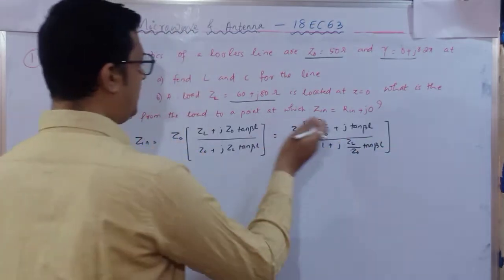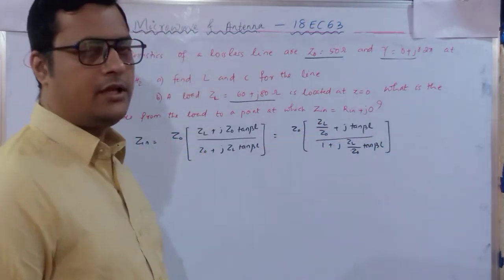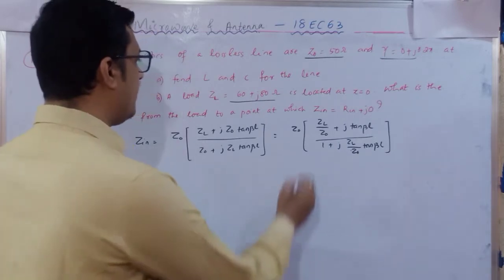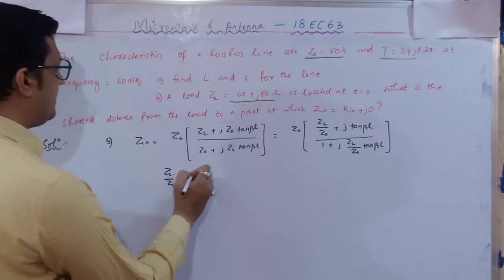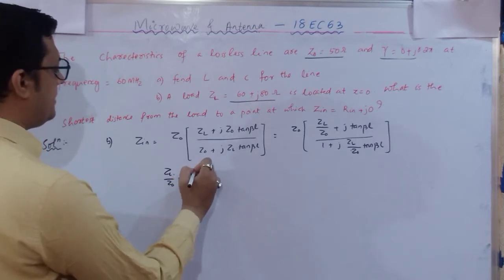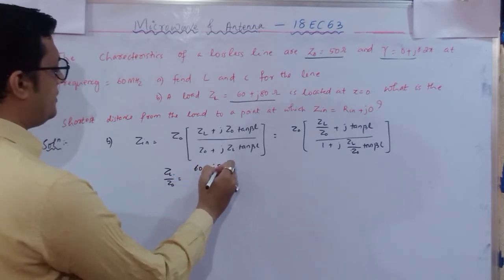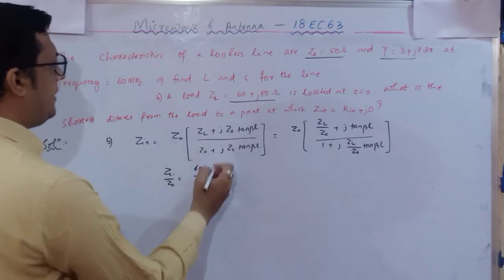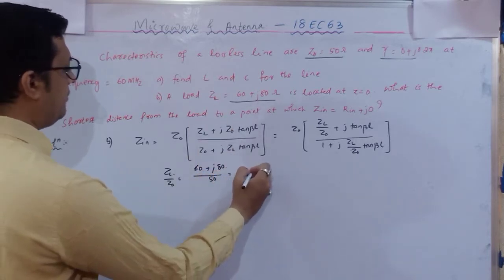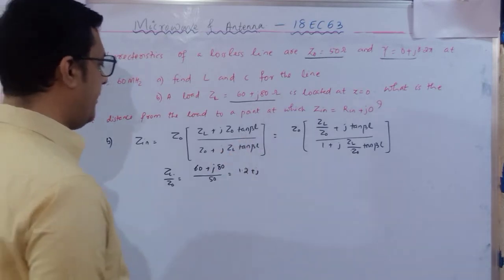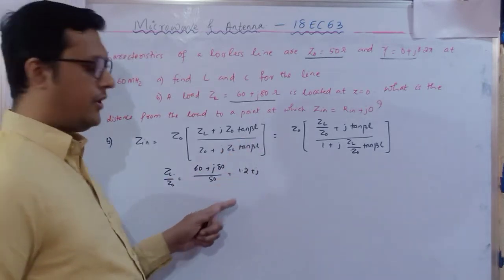Okay, so I have just taken Z0 common from the numerator and denominator. So ZL by Z0: ZL is 60 plus j80 divided by Z0, which is 50. So it is 1.2 plus j, how much will it be? 1.6 around.